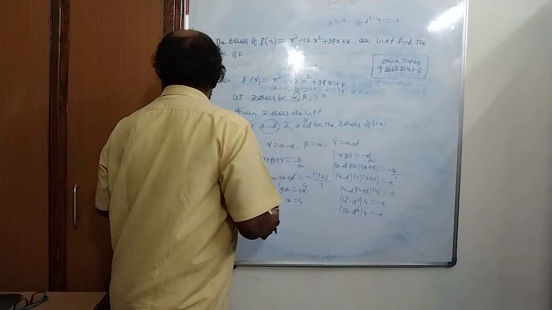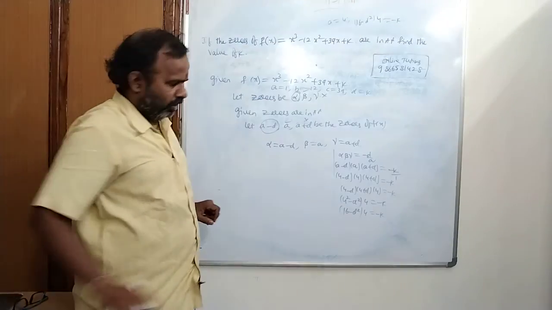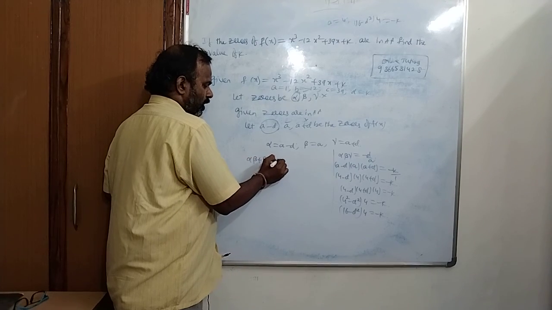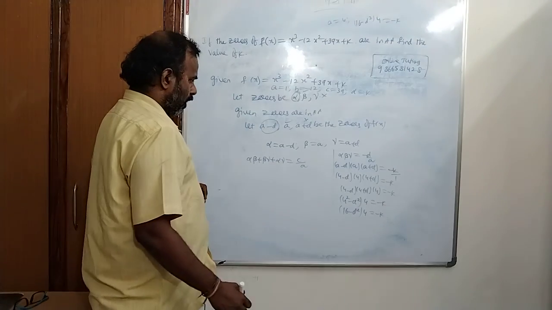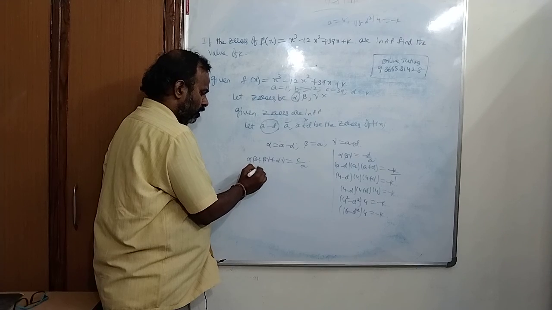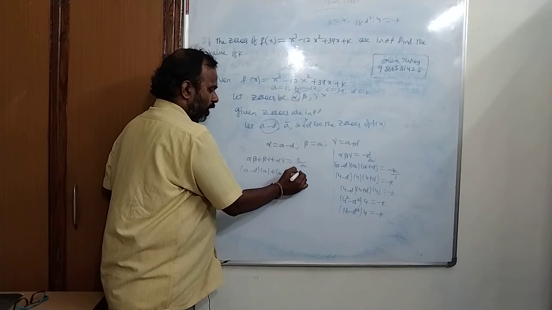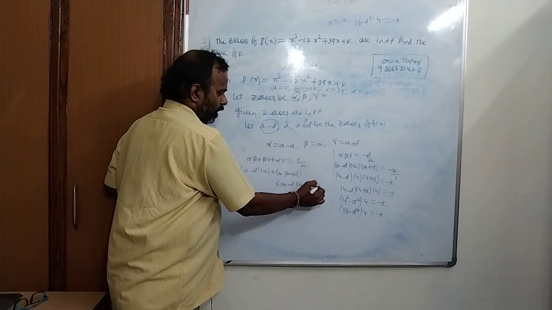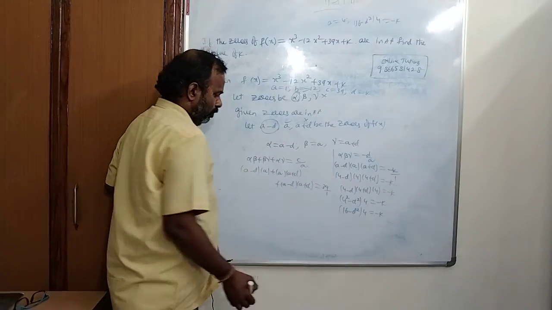So therefore now we have one more relationship, that is alpha beta plus beta gamma plus alpha gamma is equals to c by a. So alpha beta is what? a minus d into a plus a into a plus d plus a minus d into a plus d is equals to c, 39 by 1.